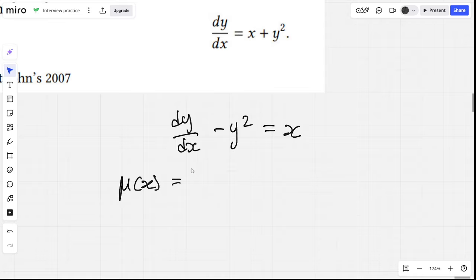Not even some. I need to guess a function. I don't know. Let's say x squared. That's the first thing that came to my mind.